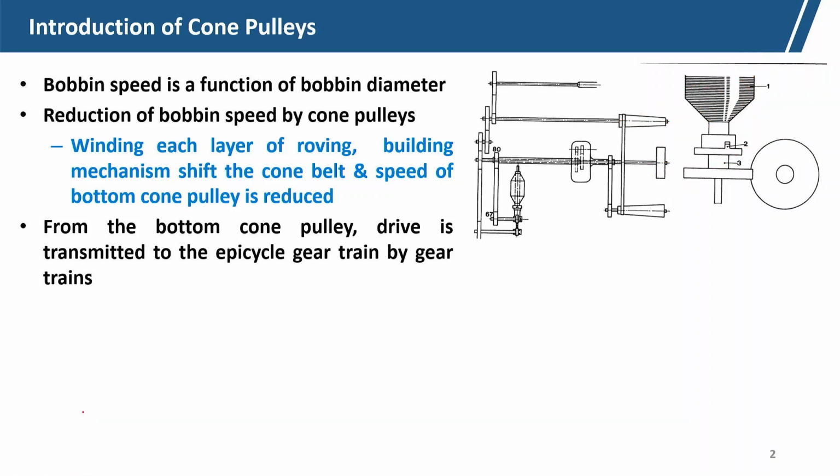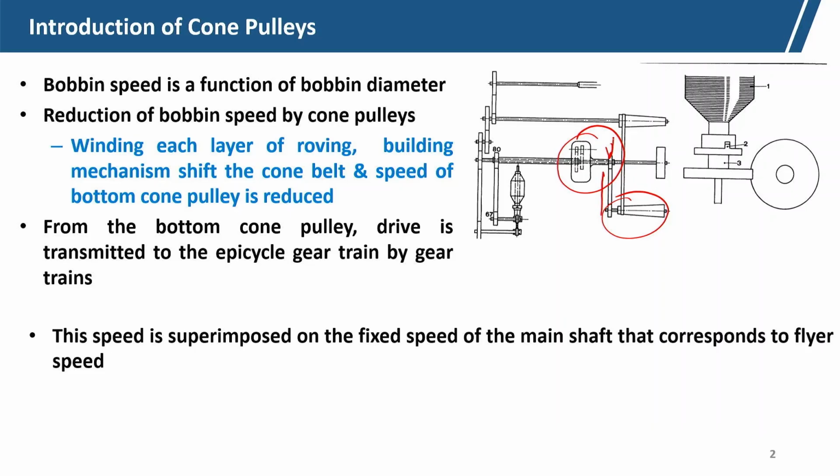Let us see once again. So, this is the bottom cone pulley, okay, and from here the drive goes to the epicyclic gear. This is the pulley which receives the drive from the bottom cone pulley, and this is actually the arm in the epicyclic gear system.